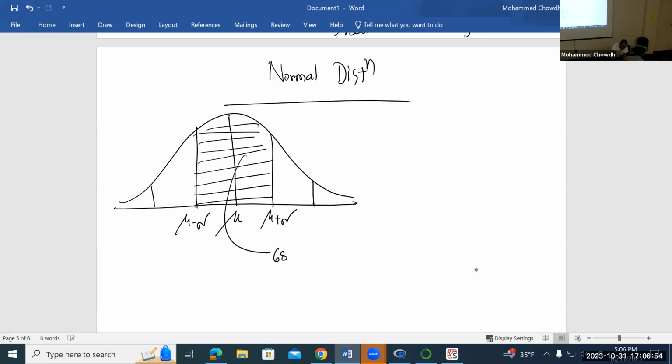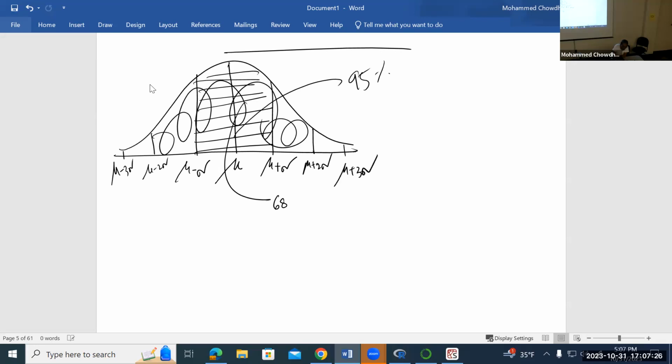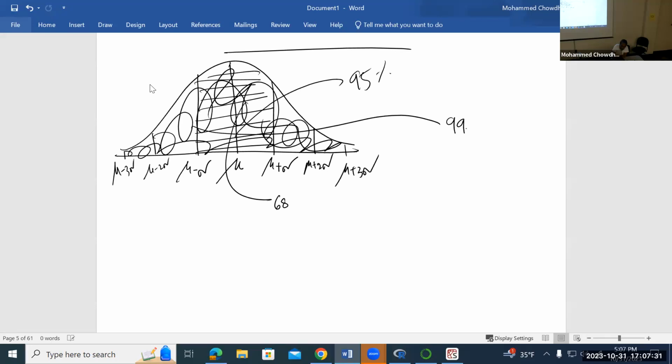Within two standard deviations, mu minus 2 sigma to mu plus 2 sigma, 95%, right? And within three standard deviations, mu minus 3 sigma to mu plus 3 sigma, 99.5%.